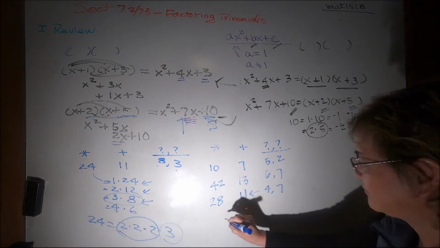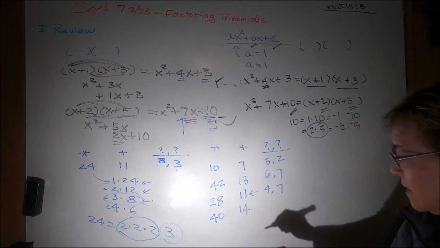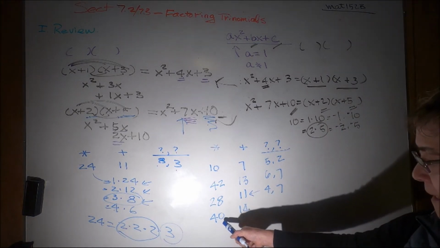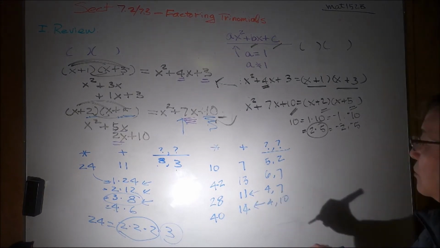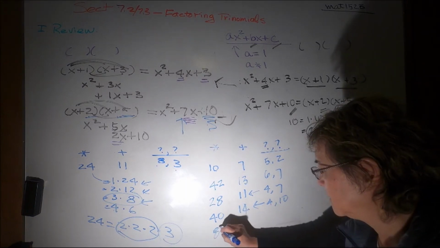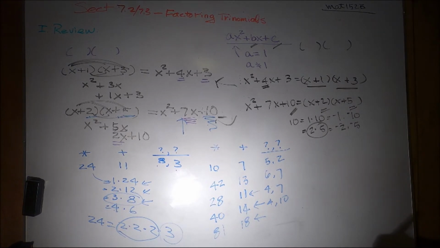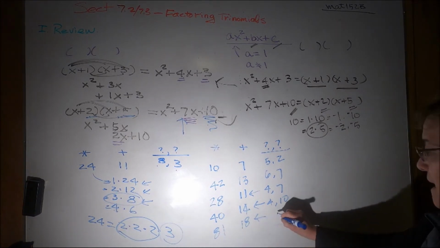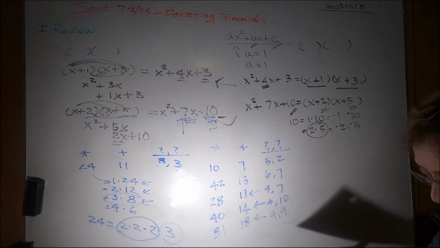So if you look at 40, added together will be 14. You can kind of guess that would be what? 4 and 10. That will work, right? How about 81? Added together is 18. That would be 9 and 9, yes. Right?